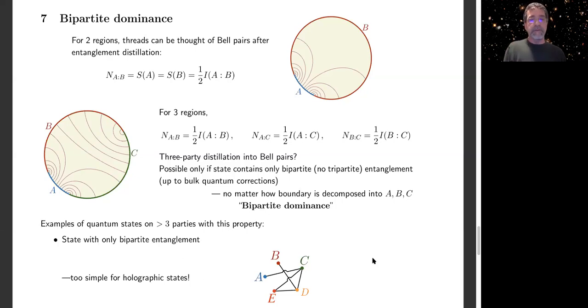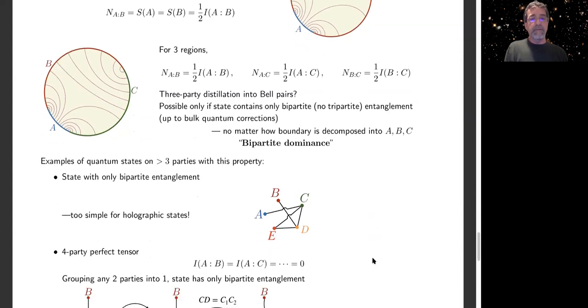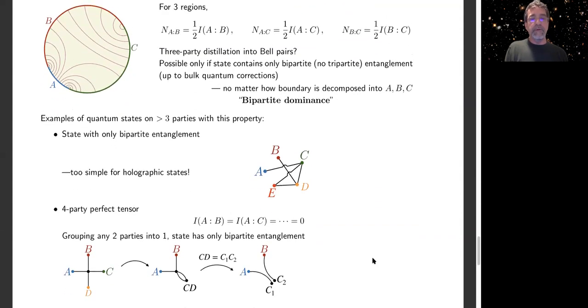And there are non-trivial examples, and the next simplest is what's called a 4-party perfect tensor. That's a state on 4 parties that has the property that all of the 2-party mutual informations vanish. And so it's some particular kind of 4-partite entanglement.